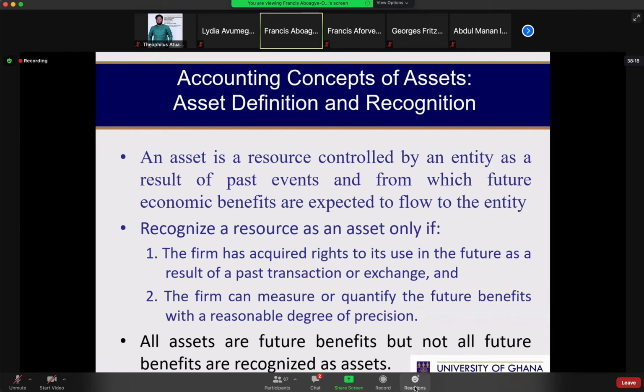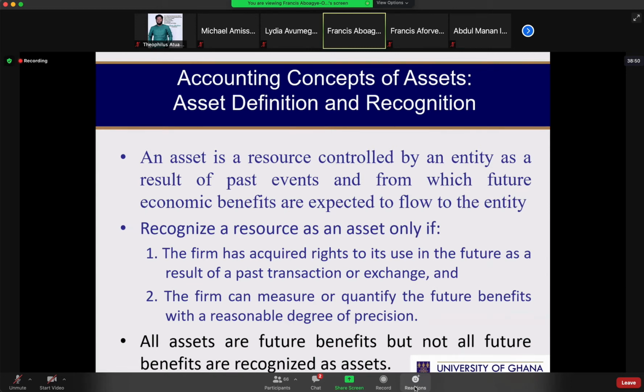Or we can say that all resources that bring future benefits are assets, but not all future benefits can be recognized as assets. If there's a future benefit that does not satisfy these two sets of conditions, then you cannot recognize it as an asset.